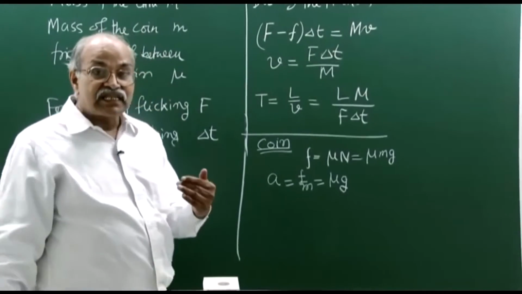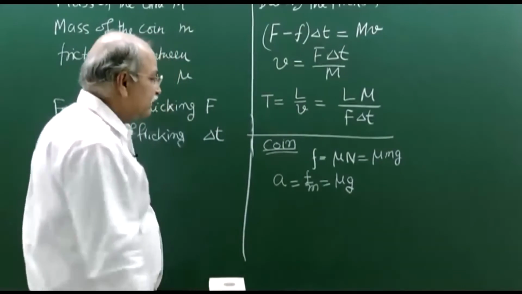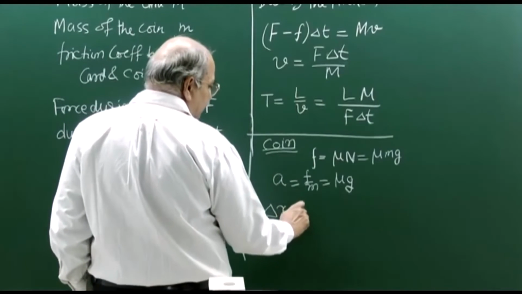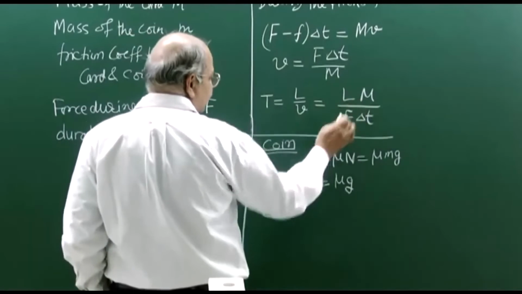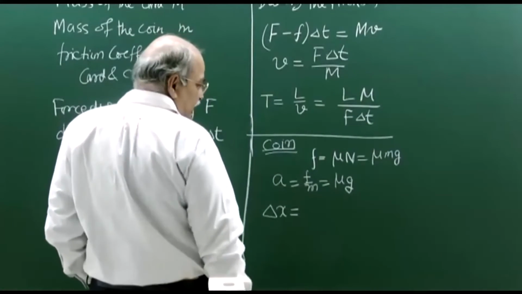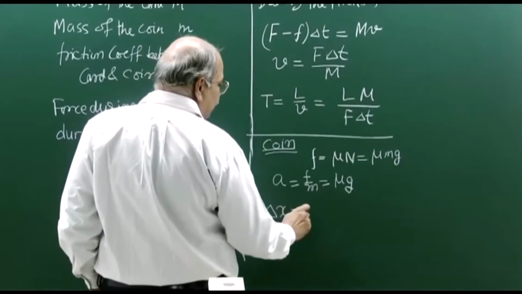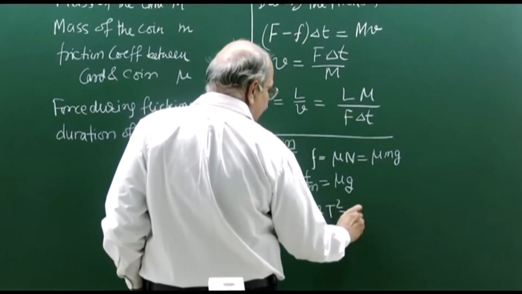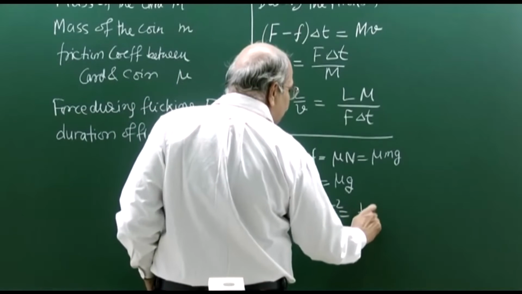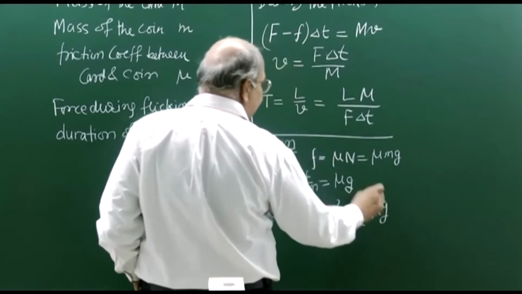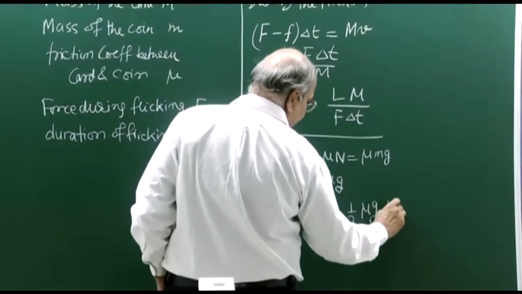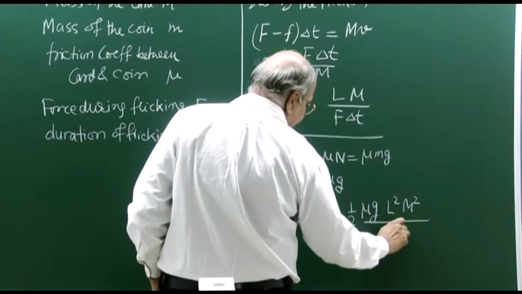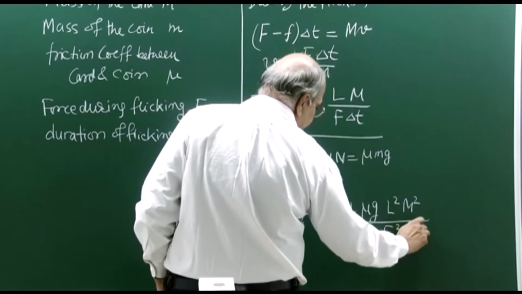So, the distance travelled by the coin, delta x, in this time interval, when it finds no card below it, will be half into a into t square, and that will be half into mu into g, and t square means L square here, m square here, and divided by f square here and delta t square here.